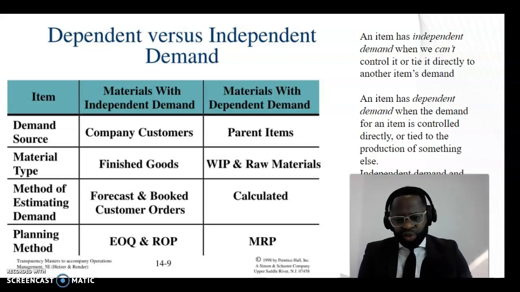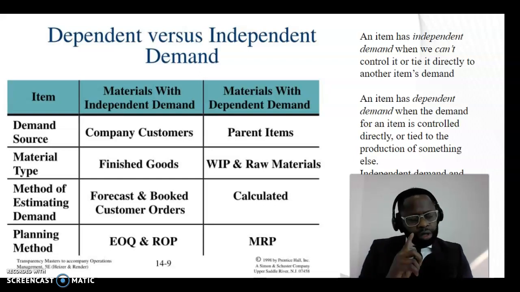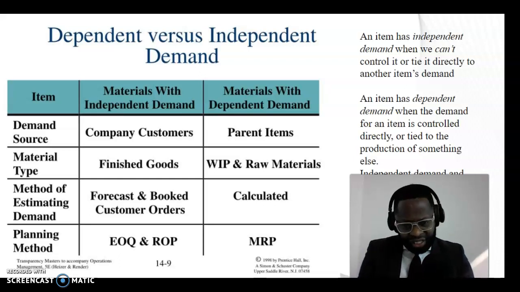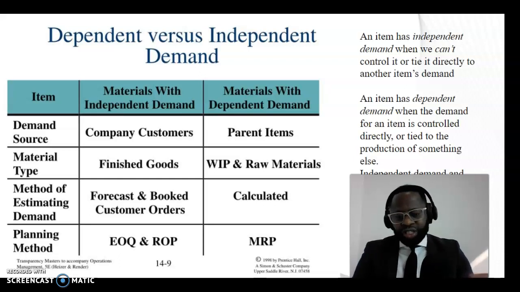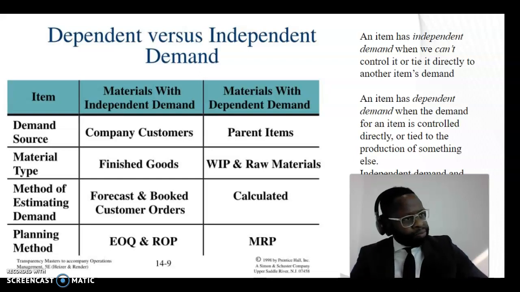Now, why do we need to know the difference? There's one main reason. We tend to use different methods of managing these inventories. Usually for dependent demand inventories, as you see there, we may find ourselves using material requirement planning or some requirement planning software.